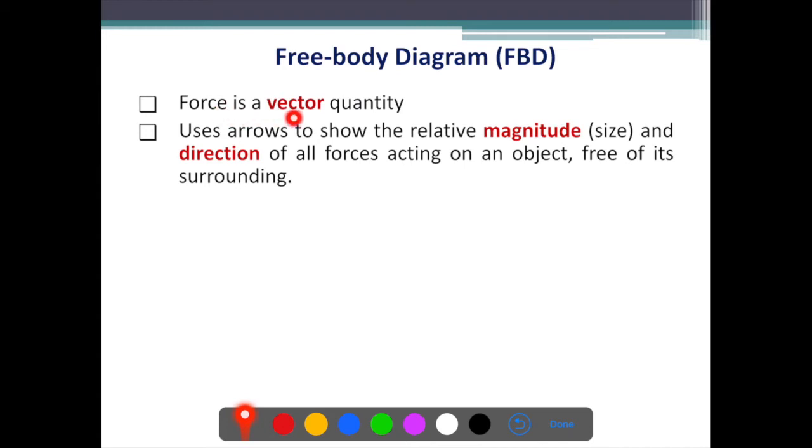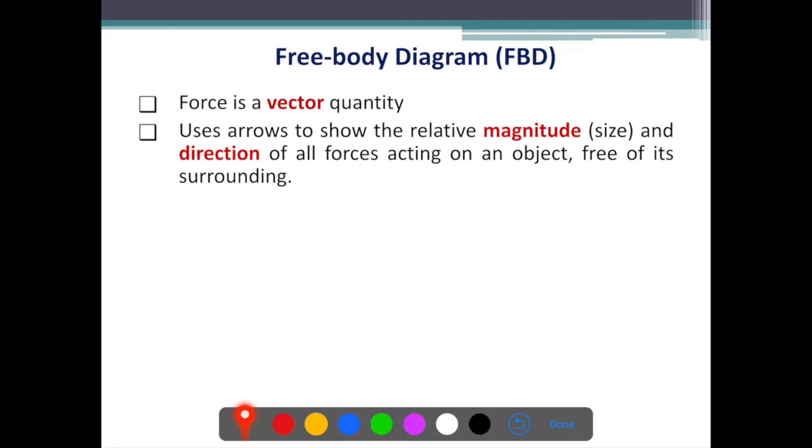And we said that force is a vector quantity, and when we consider the forces acting on an object, it's useful to be able to draw the forces. And as a vector quantity, we use arrows to represent the vector.